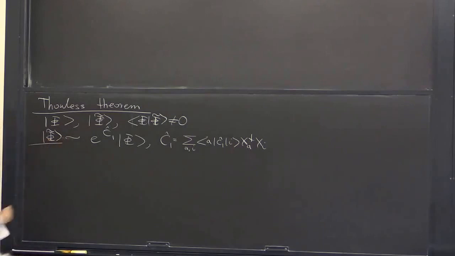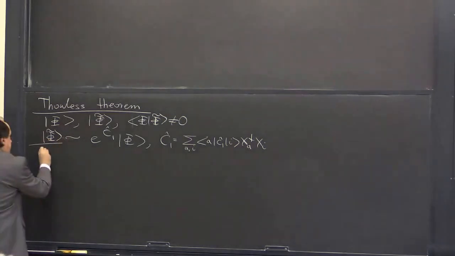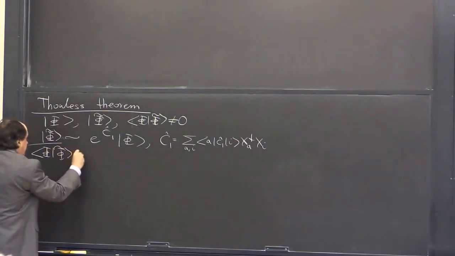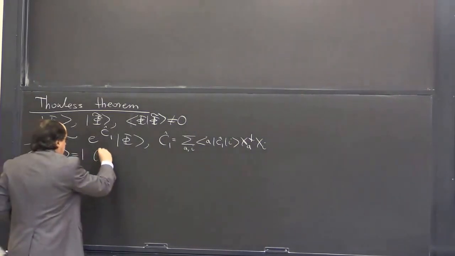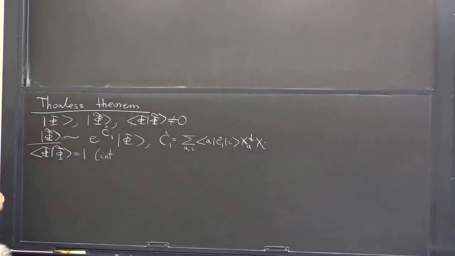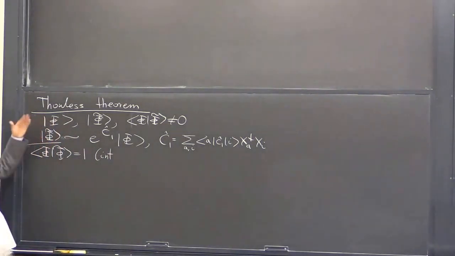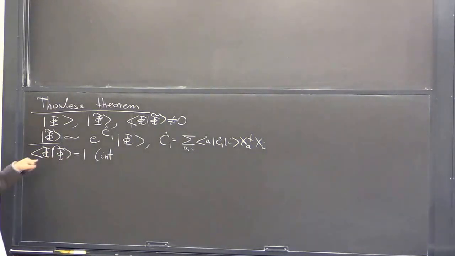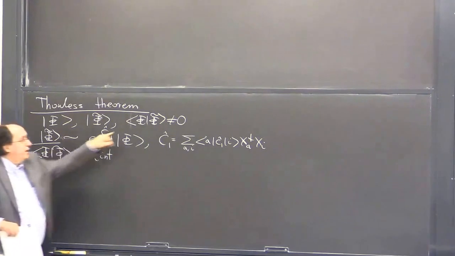Specifically, we will focus on the case where determinants phi and phi tilde satisfy the intermediate normalization condition, which I'm writing here. That is, we will assume throughout the proof that the overlap of phi and phi tilde is 1. You can always produce this condition from here.